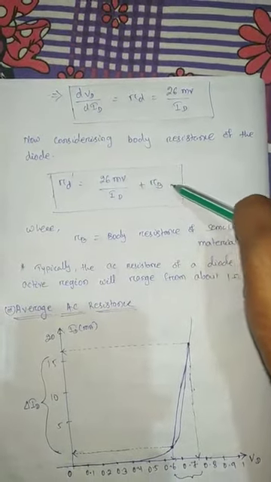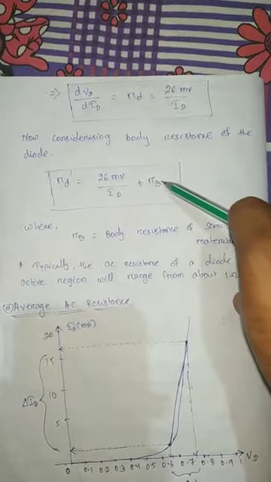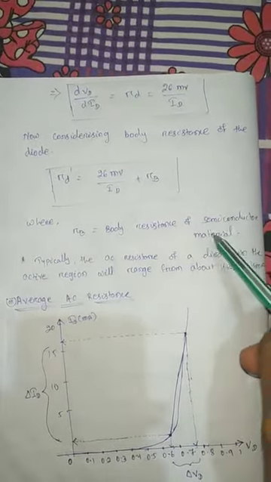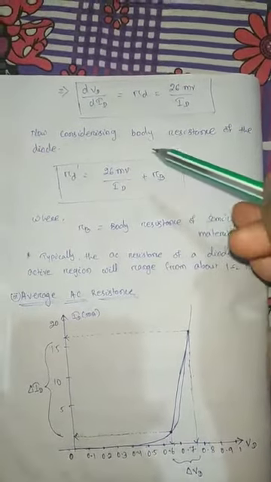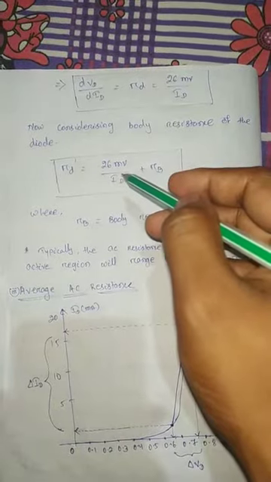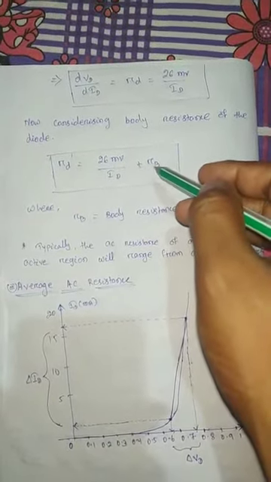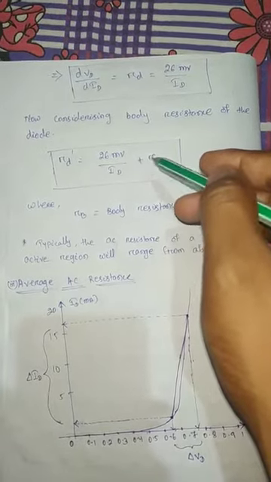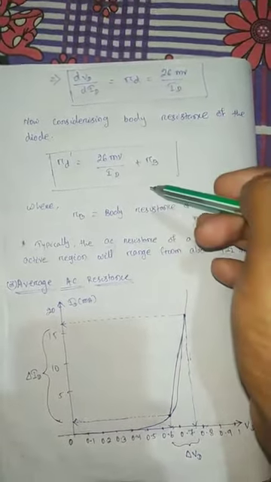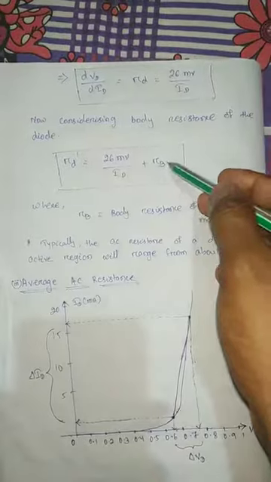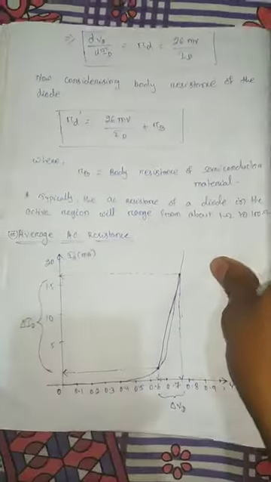This resistance is known as the body resistance of the semiconducting material. The P type or N type material provides some resistance.